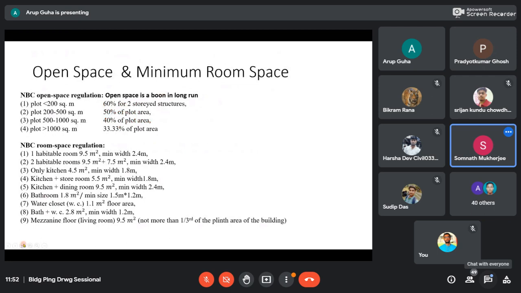You see here actually the plot, these are all the guidelines given by the corporation, the building rules. I will also discuss in detail when I take the theoretical subjects. This is the building rules provided by the National Building Code, and you have to also purchase one NBC, because it will be required for your entire life.